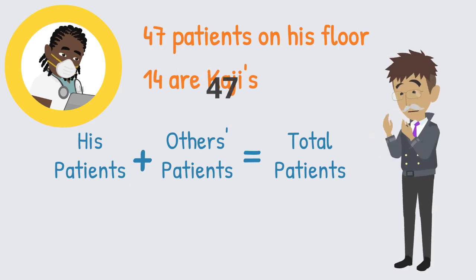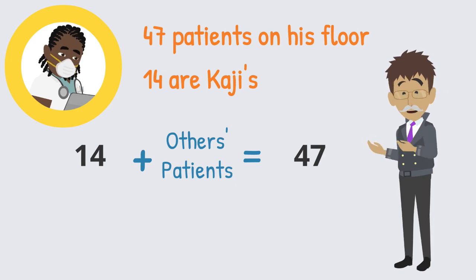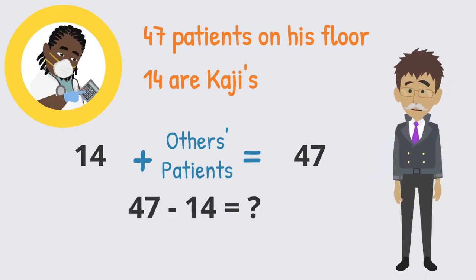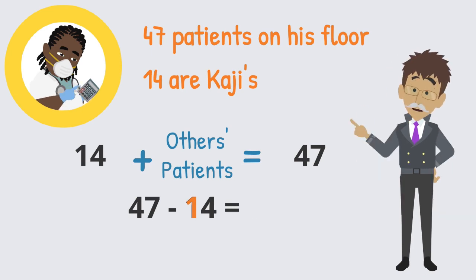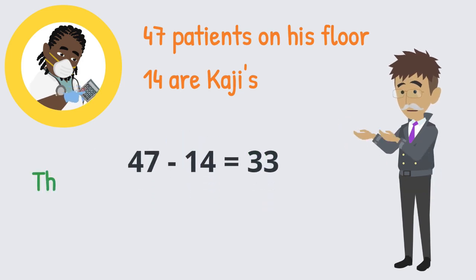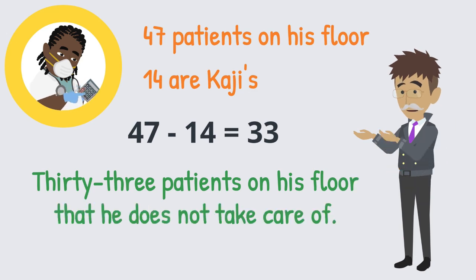Kaji knows that if there are 47 patients on the floor and 14 are his, he can subtract to find out the number of patients that are not his. Kaji subtracts the 10 from 47 to get 37. Then he subtracts 4 for an answer of 33. There are 33 patients on his floor of the hospital that he does not take care of.